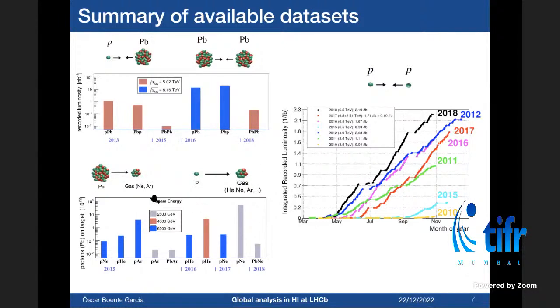And for fixed target, we have several samples that we took over the years. For pp, we have very large statistics, and even a variety of energies. And you have here our total luminosity, which is about 9 inverse femtobarn.